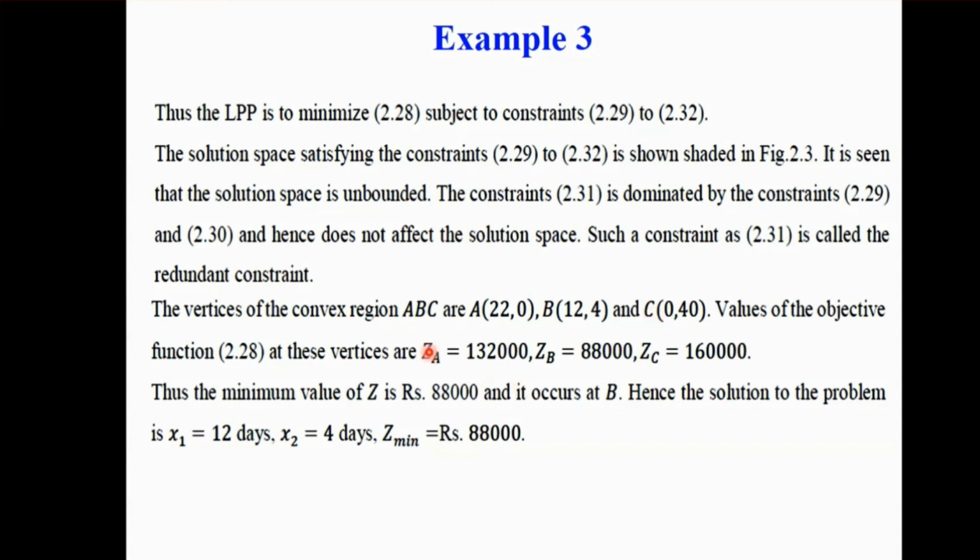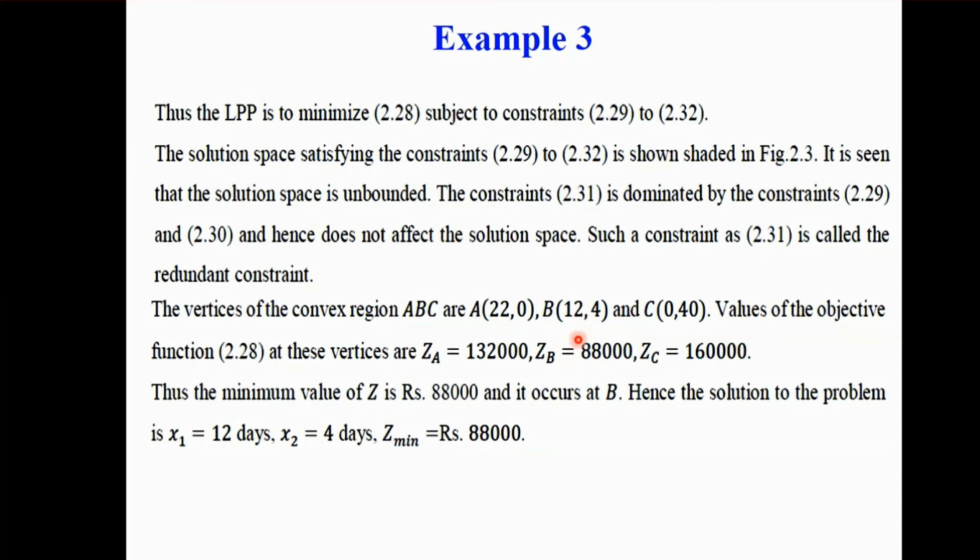So if you solve, you are getting ZA is 132,000, ZB is 88,000, ZC is 160,000. So which is minimum here? 88,000 is minimum. And for which vertex is it minimum? B vertex, that is 12 and 4. X1 value is 12, X2 value is 4.